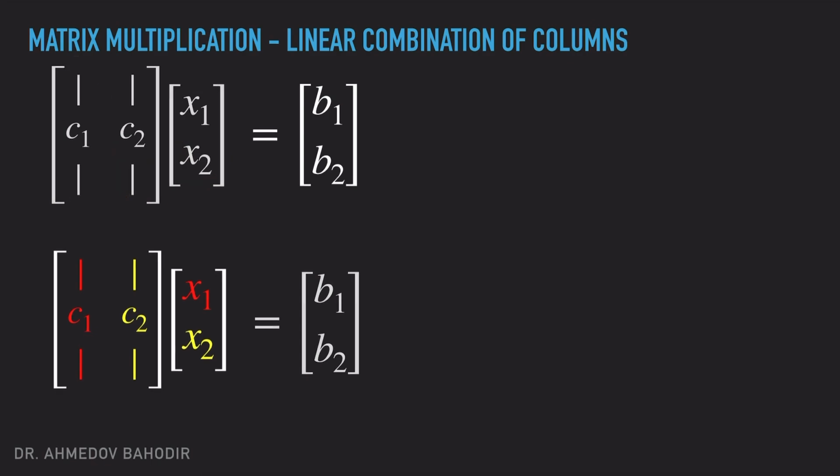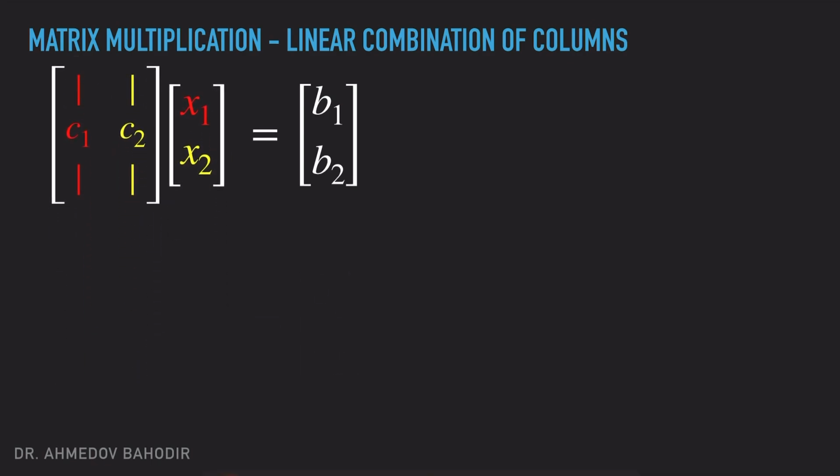So essentially, you can just look at this as the first column, which is some vector, multiplied by some constant, right? Plus the second column, which is a vector, times a scalar, and this should be equal to some vector, b1 and b2.